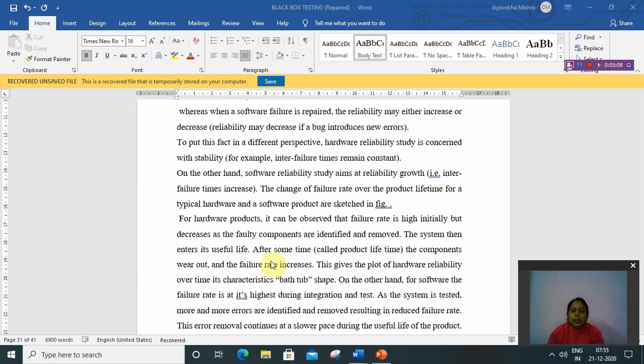When the hardware component wears out, the failure rate increases again. This gives a plot of hardware reliability over time, with its characteristic bathtub shape.